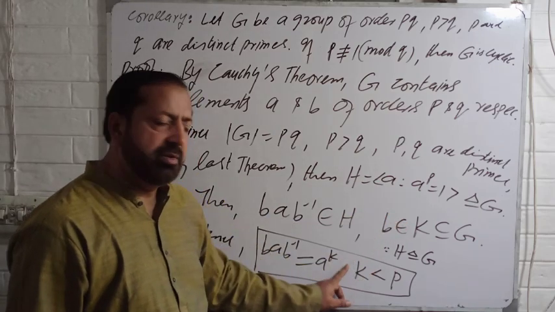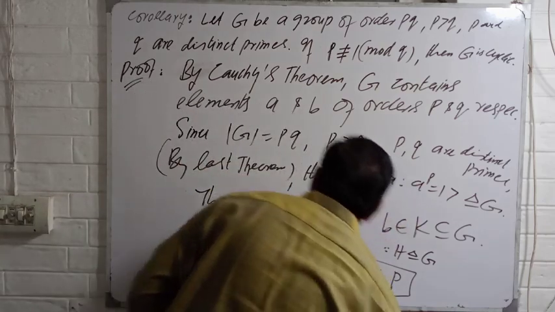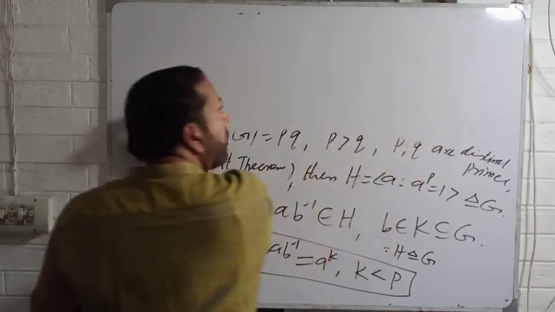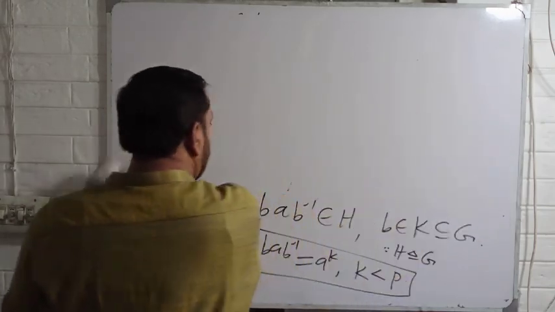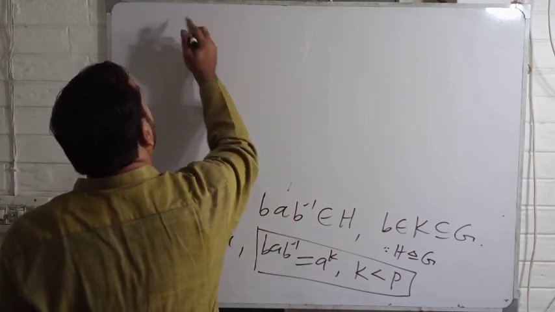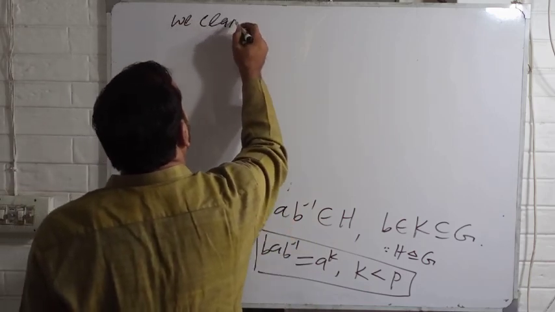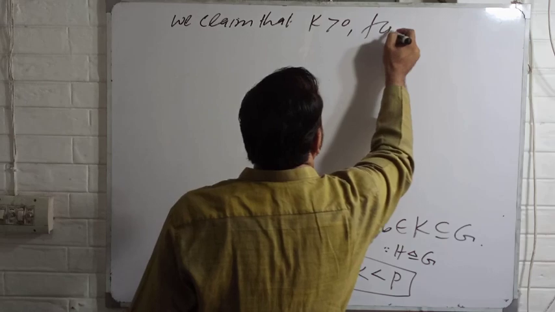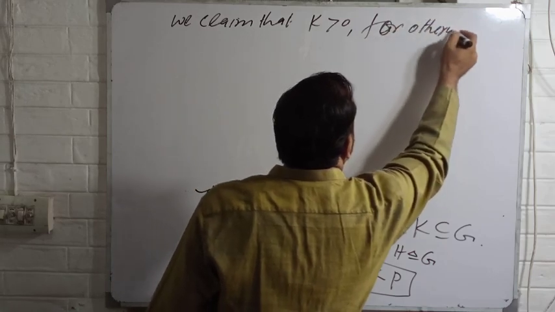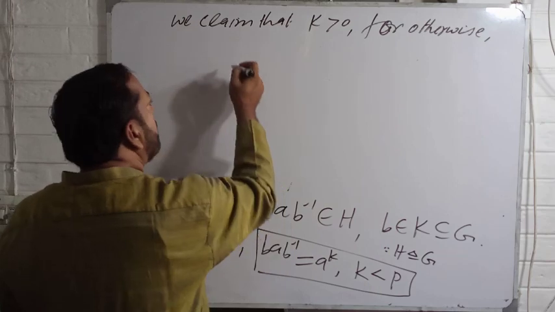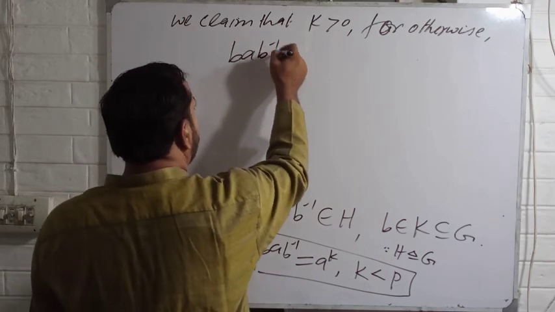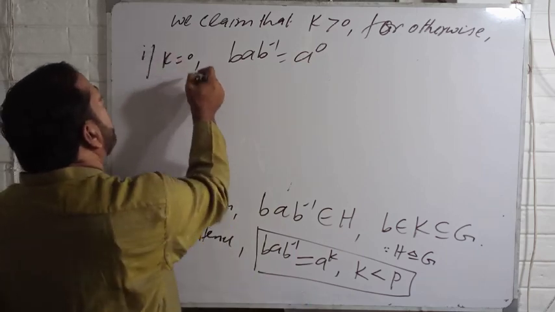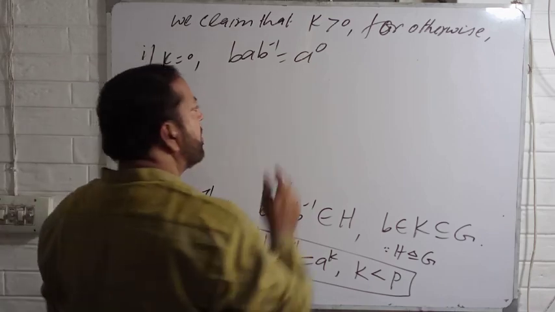Note that K is greater than 0, for otherwise B A B inverse is equal to A power 0, which is the identity.